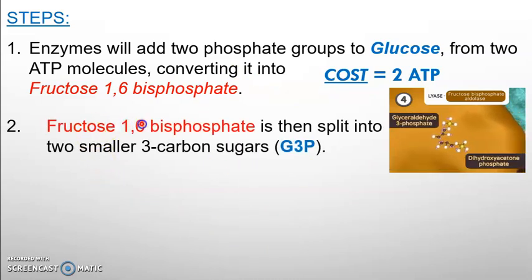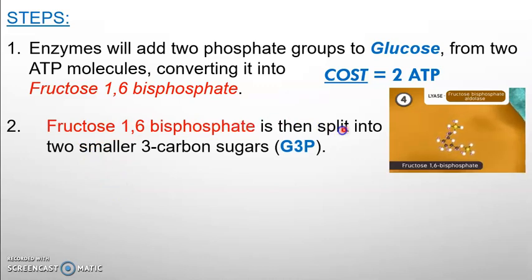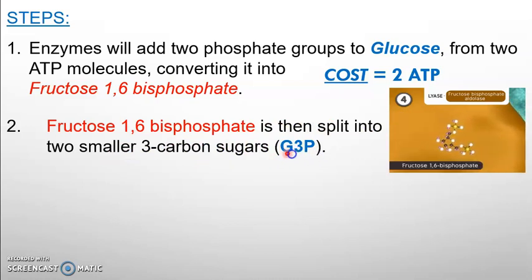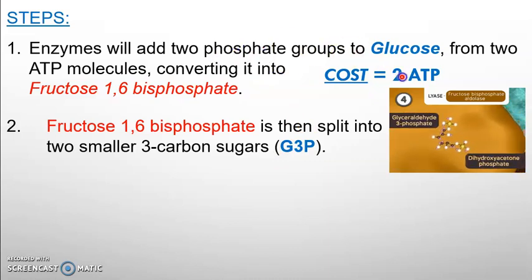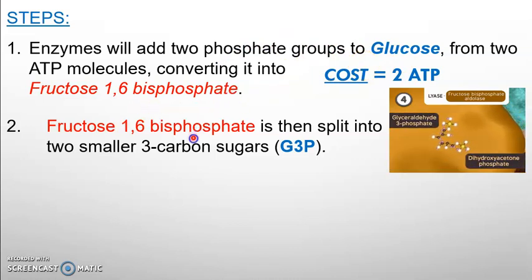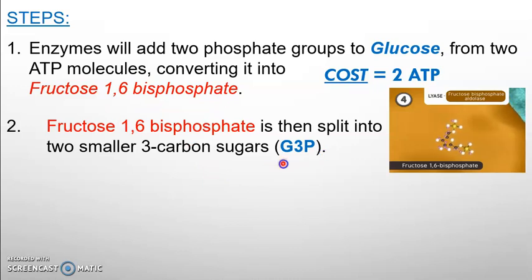Next, fructose 1,6-bisphosphate is split into 2 smaller 3-carbon sugars called, sounds familiar, right? G3P. So we're going backwards. So we just used 2 phosphate groups from 2 ATPs to turn glucose into fructose 1,6-bisphosphate, which then splits in half into 2 smaller G3Ps.